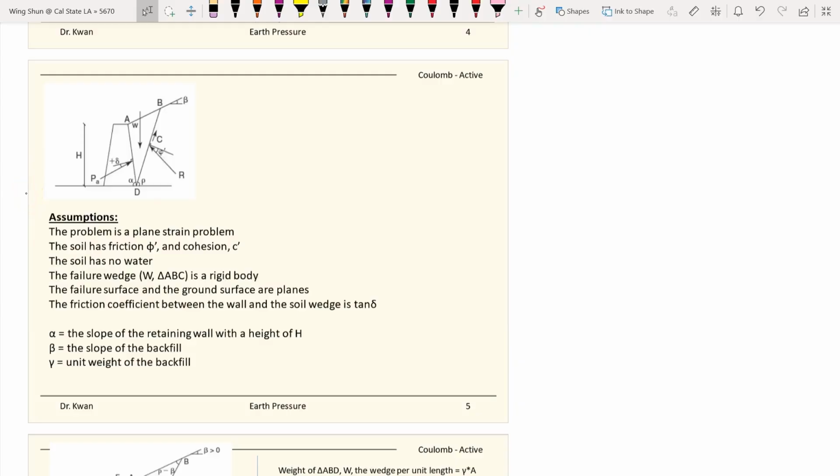Okay, so let's start with the Coulomb theory. There's a couple of assumptions associated with the framework that Coulomb established many years ago, I believe in the 1700s.